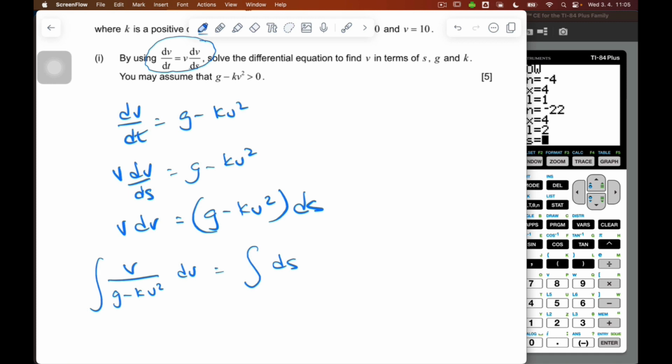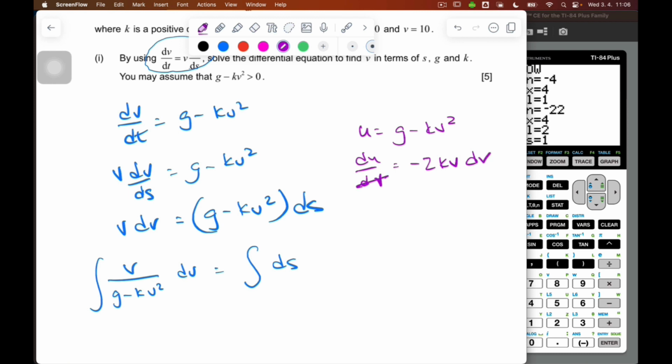When I look at the left-hand side, what I notice is that I have to do a u substitution, because here is my u, and there's part of my derivative from v squared. So if I say u is equal to g minus kv squared, then du/dv is equal to minus 2kv, and if I multiply both sides by dv, that goes away.